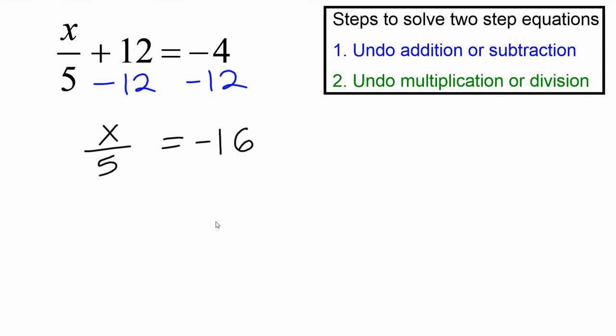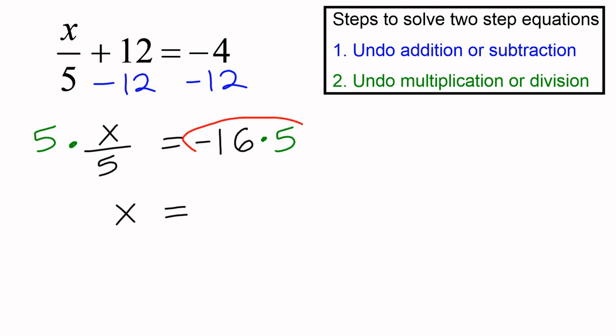Next, we want to do our second step, get rid of the division by multiplying by that denominator of 5. So I multiply by 5, multiply by 5, and on the left, the 5s will just cancel out. So all we'll get is x is equal to, and we could do this on the side too, a little more work there, right?